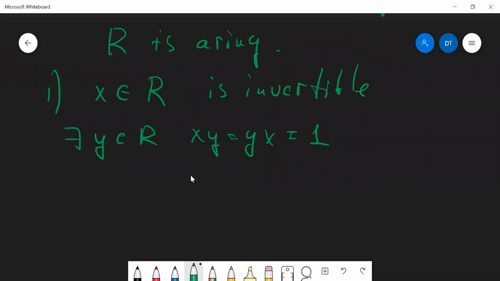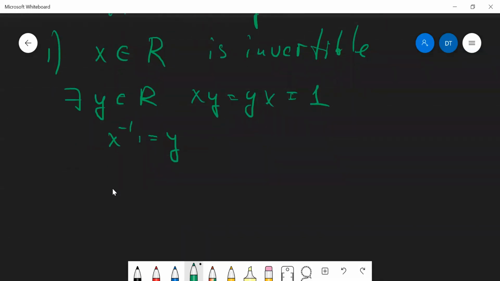So this is just the usual definition of the invertible element with respect to some binary operation. And in this case, we will denote the element Y by X to the power of -1. We know that the inverse is unique if it exists.